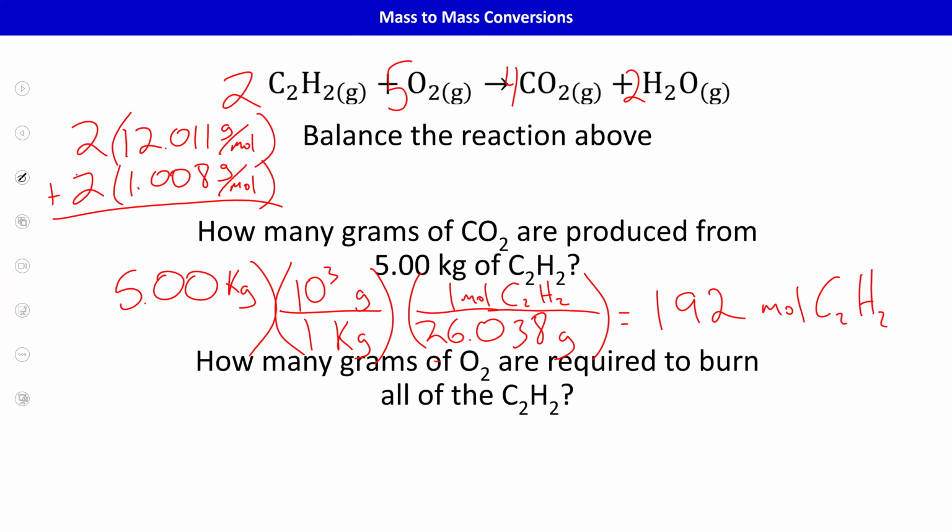If we have that many moles of C2H2, we're trying to find grams of CO2. First, we need moles of CO2. So we can say 192 moles of C2H2. And we just look at the coefficients. For every 2 moles of acetylene burned, that's 4 moles of CO2 made.